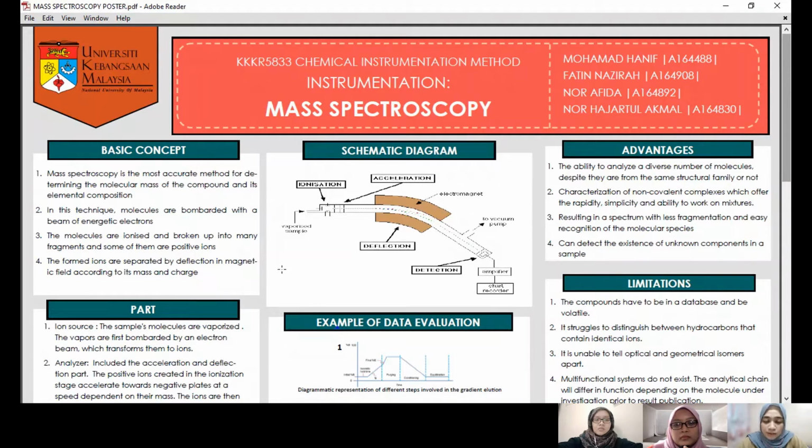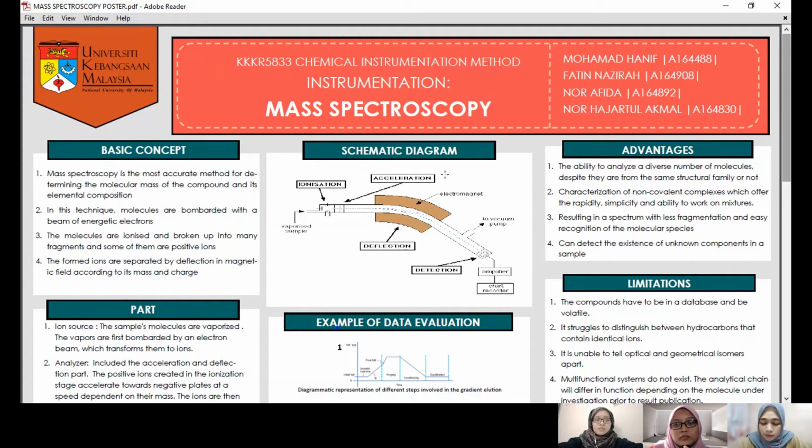For stage 1, which is ionization, the atom or molecule is ionized by knocking off one or more electrons to give a positive ion. For stage 2, which is acceleration, the ions are accelerated so that they all have the same kinetic energy.